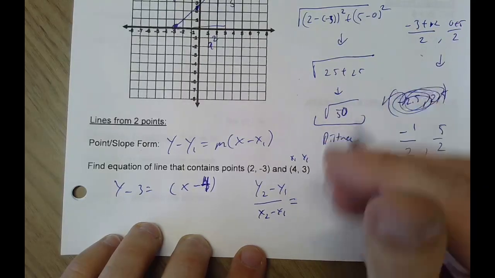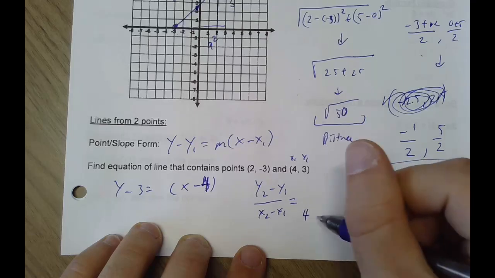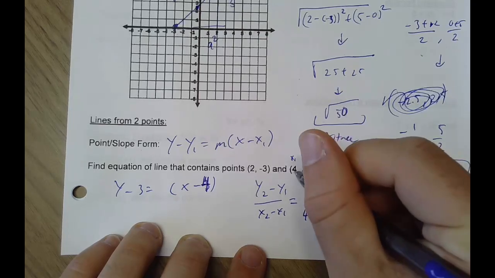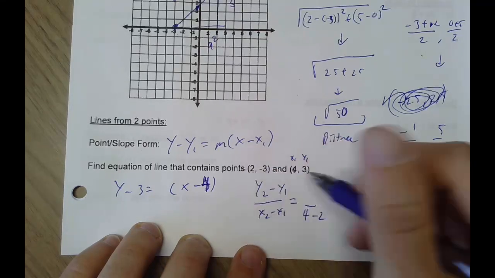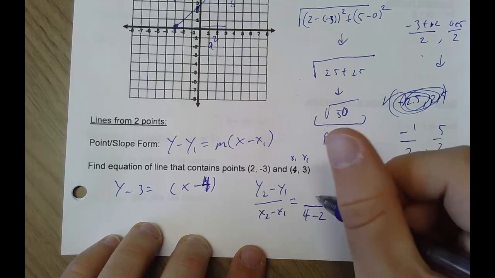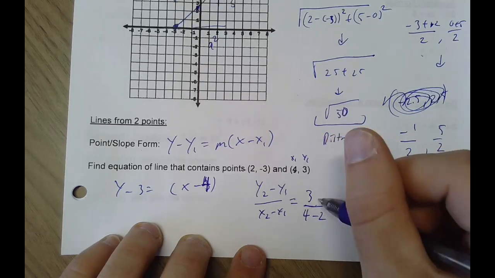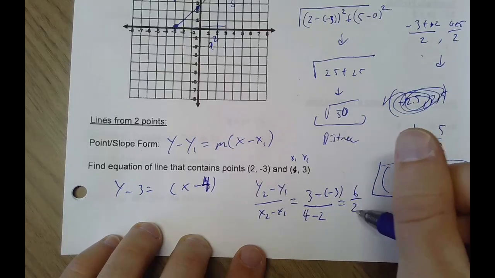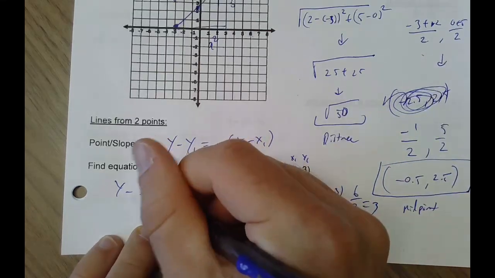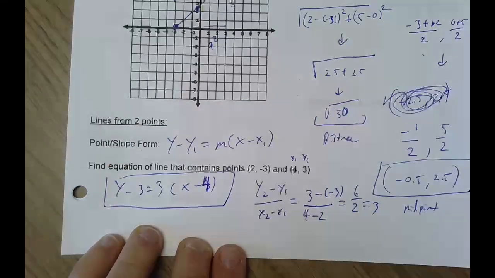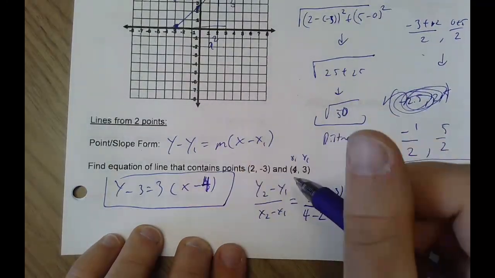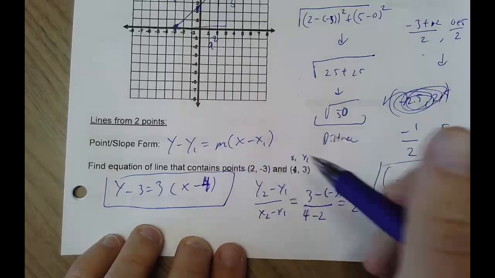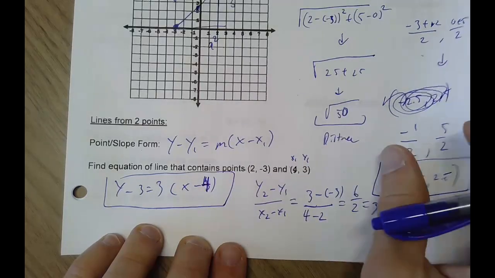So my later x value is the 4, so it would be 4 minus 2 on the bottom, that's the later one minus the earlier one, and then on top, the later y versus the earlier y. So it's 6 over 2, which is 3. And that's our equation, okay? So write the equation out, choose a set of points, plug them in, find the slope, plug that in, done. Okay.